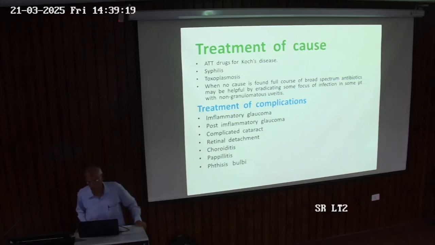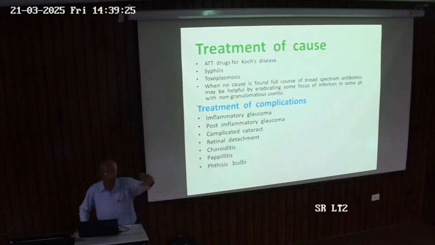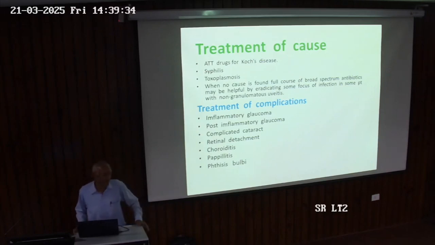Remember, this is an important topic theoretically as well as practically. This is a very large topic, but in brief I told you almost everything: signs, symptoms, red eye, differential diagnosis, treatment, complications, and their treatment.